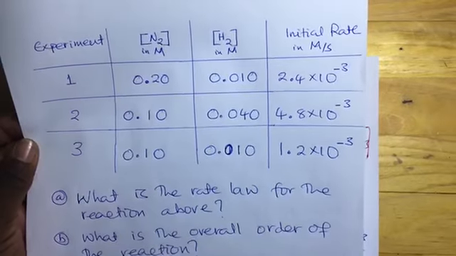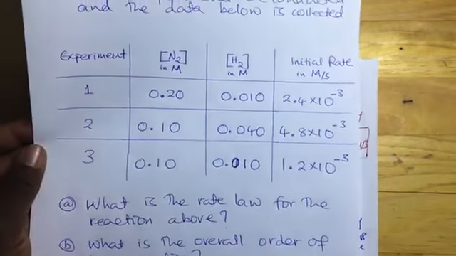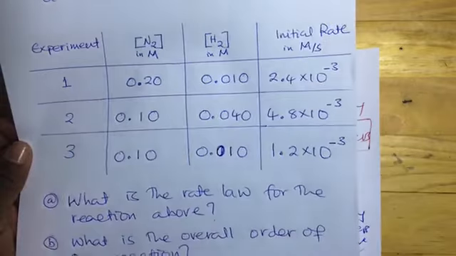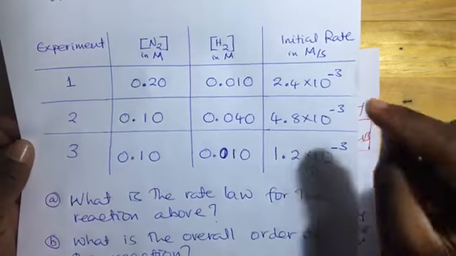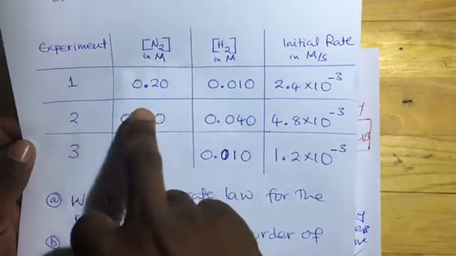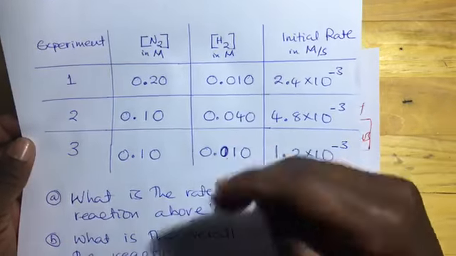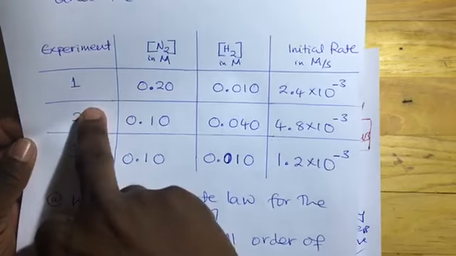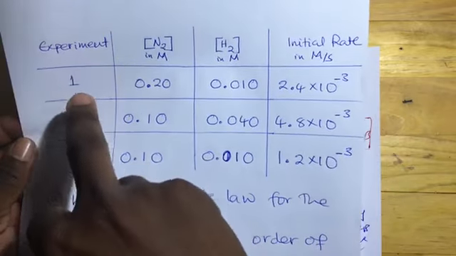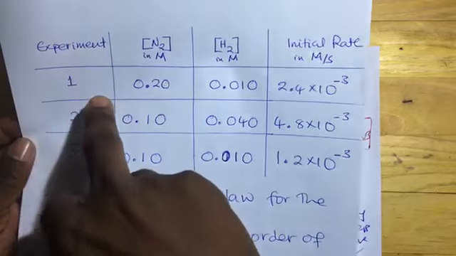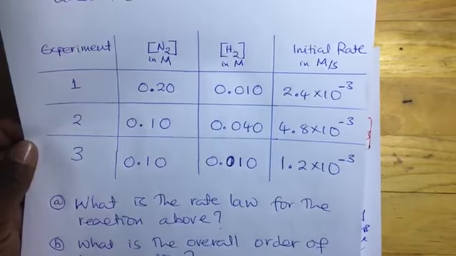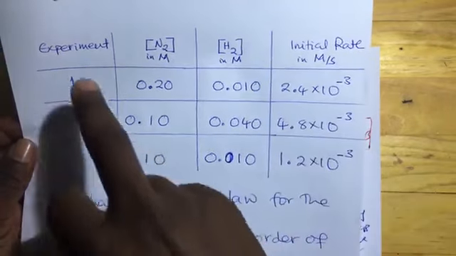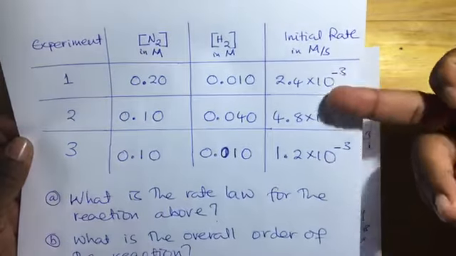You want an item that is larger to be your numerator. For instance, if I have experiments 1 and 2, which one do you think should be our numerator, if the numerator is supposed to be bigger? When we say bigger, we are looking at the rates.